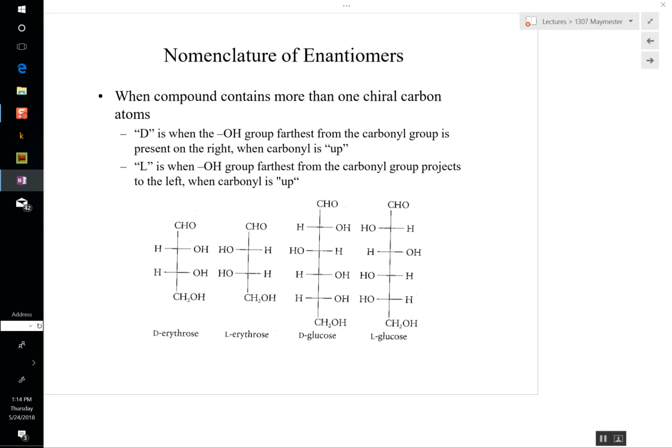And I'll say this again, but D-glucose is right, left, right. That's the pattern for D-glucose. Right, left, right, going from the bottom up to the top. That's D-glucose.